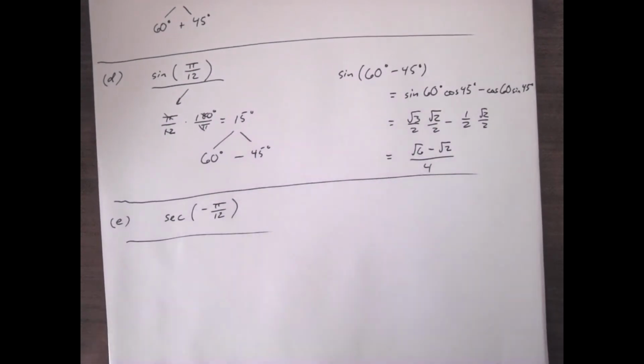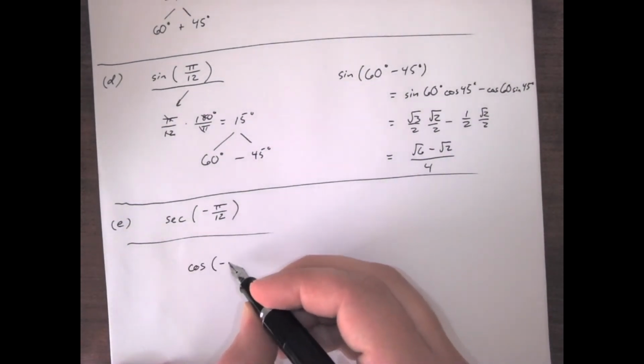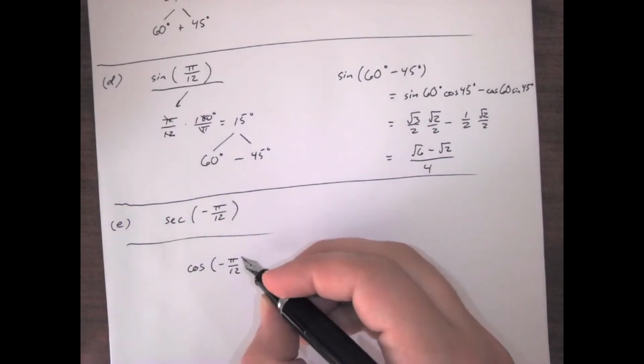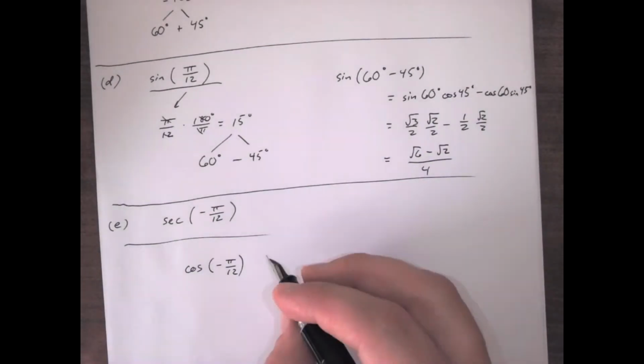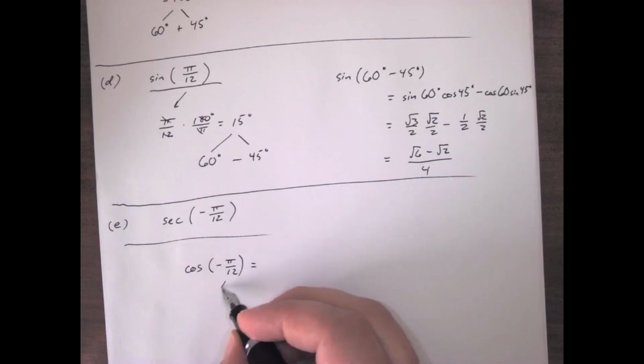Okay, so first off, the real question here is cosine of negative pi over 12. And we'll first figure that out, and then we will proceed from there. Okay, so cosine of negative pi over 12, that's equal to, now let's think about this.